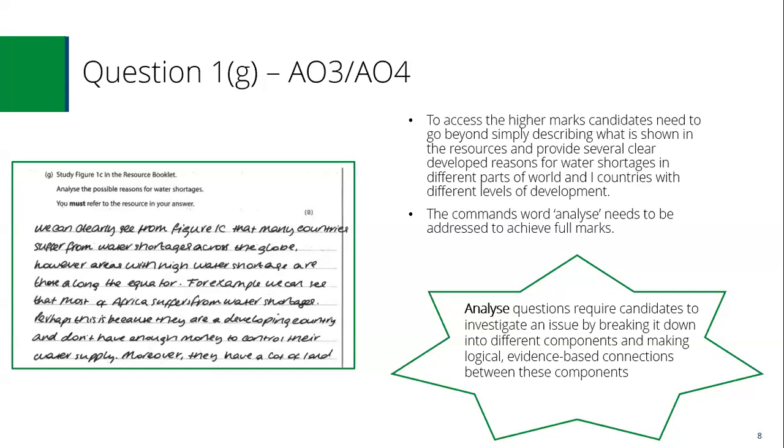They also make links to the levels of development and how this may influence the demand for water. There is a concluding statement at the top too, which can be seen in the full response on the resource. So you can see there are some good ideas here. We can't show it all, but there's some really good development as well.